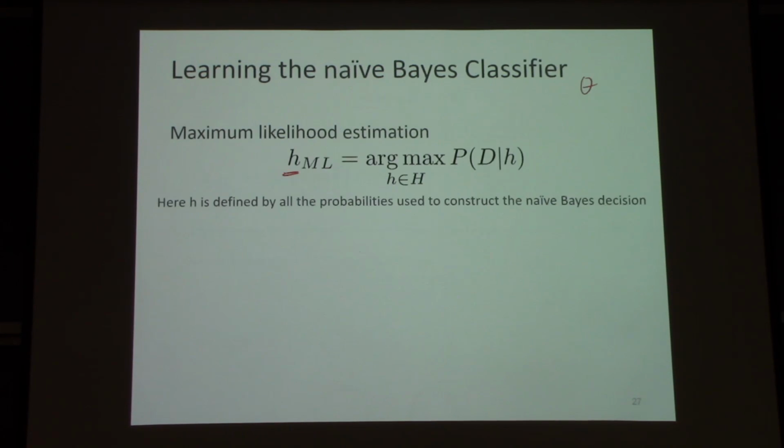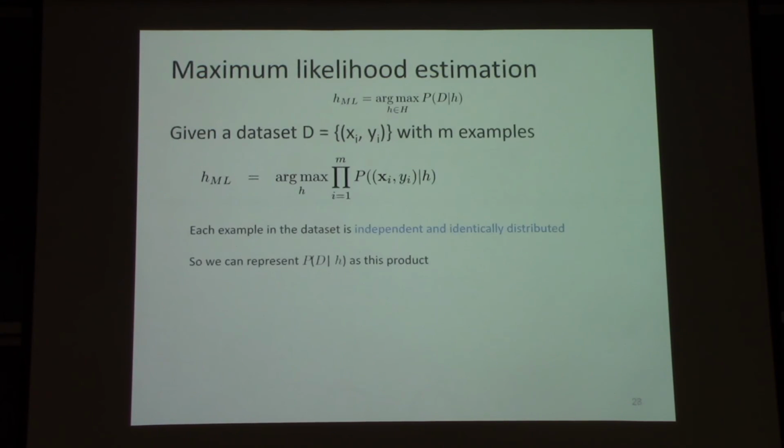So our goal now is to find the numbers that define the classifier. In other words, you have a data set and I want to find the classifier that has the highest likelihood. But the data set itself consists of m examples: x1, y1, x2, y2, and so on, xi, yi.